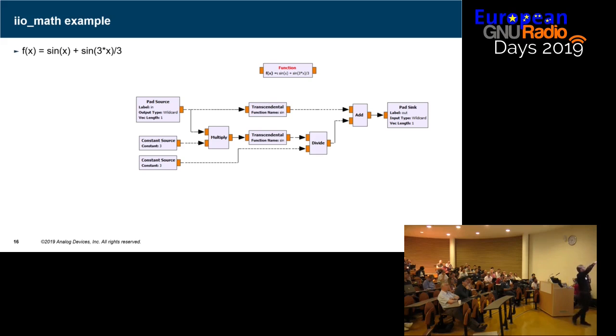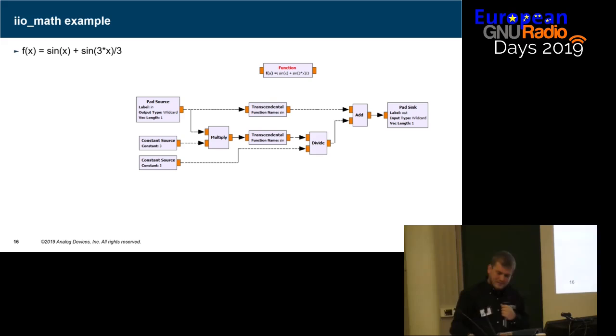Then it takes the x, multiplies it by 3 here, then applies sine on top of that, and then everything gets divided by this constant source by 3, and eventually everything gets added up together, and we get the signal that we want at runtime based on a string. So this can also be useful again for teaching purposes.